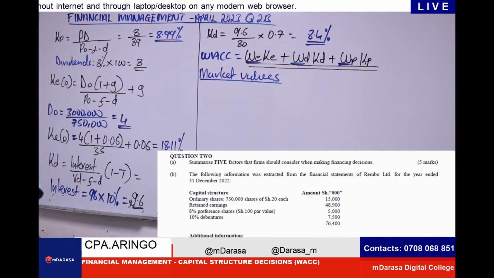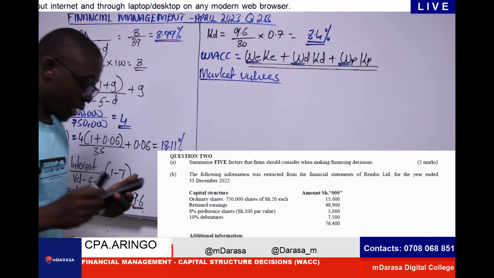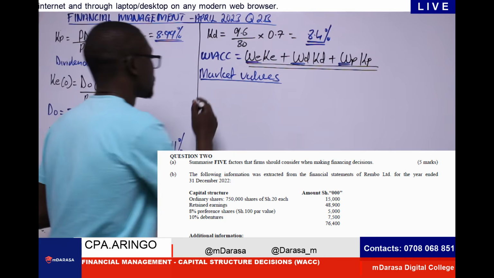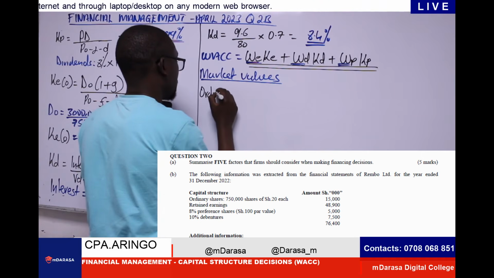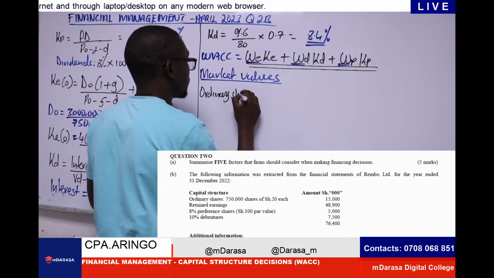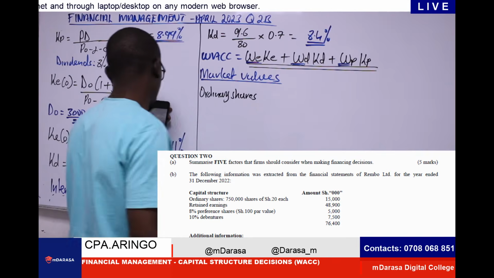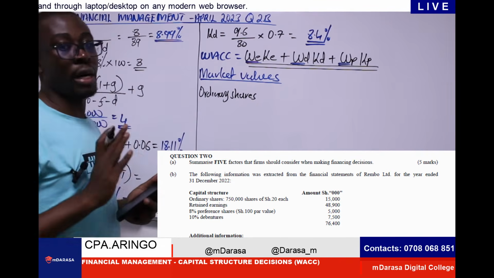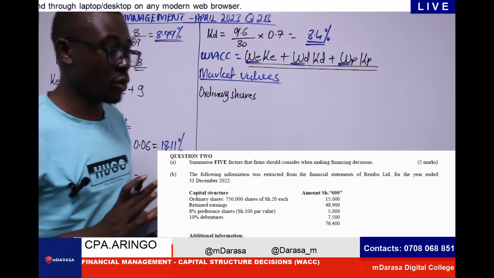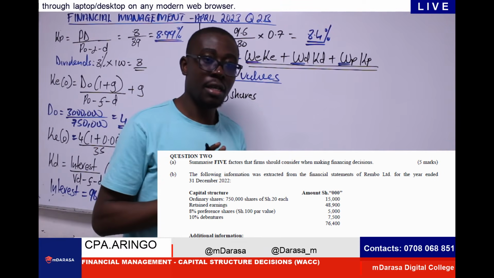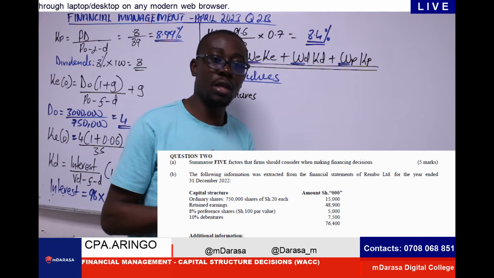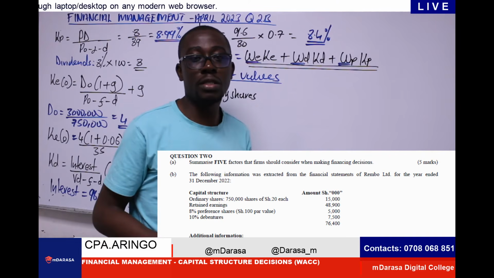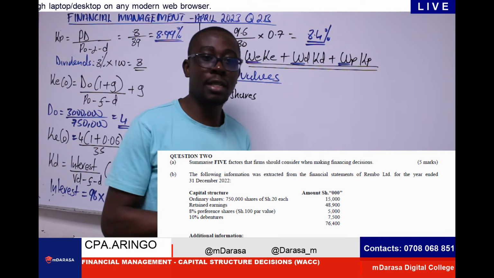Number one, we have our ordinary shares. We have the preference shares. Remember, the reason why we are not taking the retained earnings is that this is a component which is internal, and we can't issue it out. So anytime you're considering WACC, we don't take retained earnings.